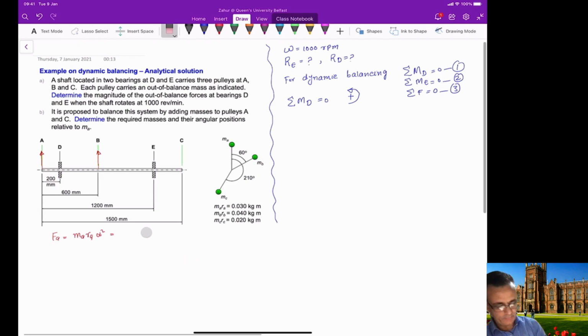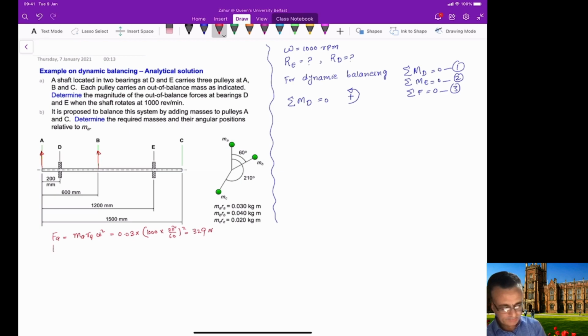So if we do it properly, it will be 0.03 into 1000 into 2 pi divided by 60, squared, and this will give you 329 Newton.